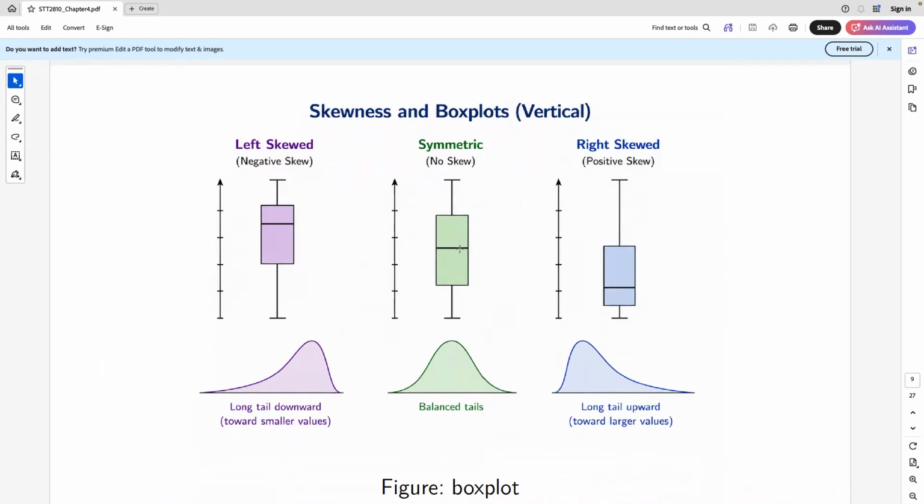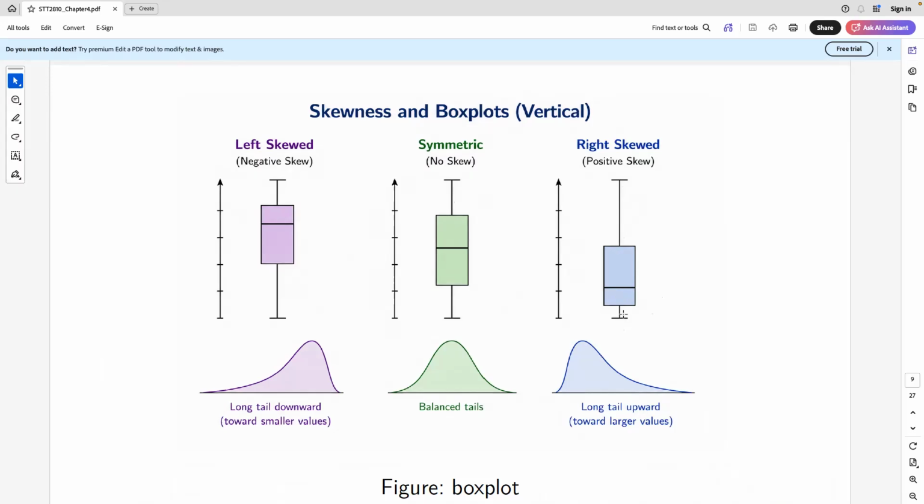That tells you that the distribution is symmetric. The other thing you can also see is that the lengths of these sides are fairly equal. Now, for right skewed, you can see that that side is bigger than that side, or the tail on the right is longer than that of the left. Does that make sense?